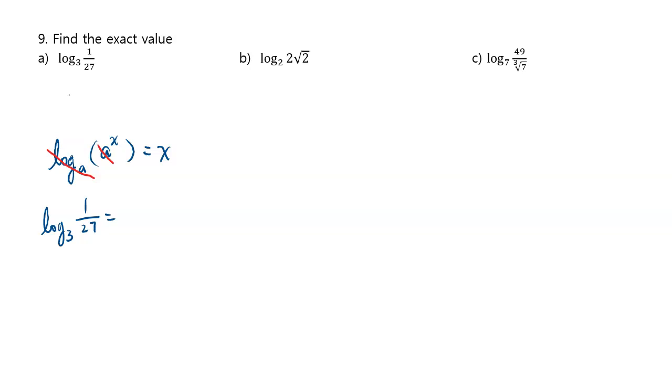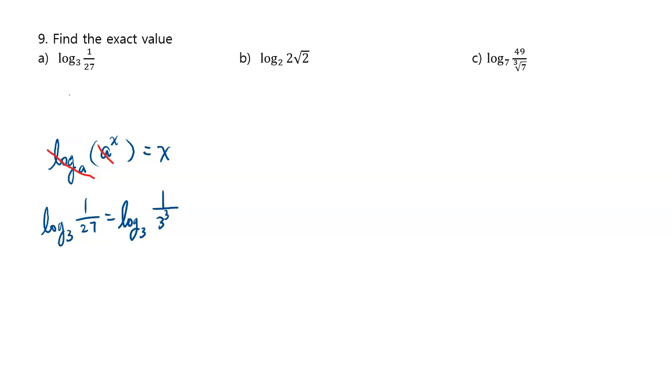Well, your goal is to make this one number, 1 over 27, into 3 to some power, because if you want to have log 3 of 3 to the x, then we can cancel and then you have the answer, right? So you first think about 27 and realize that 27 is 3 to the third power, right?